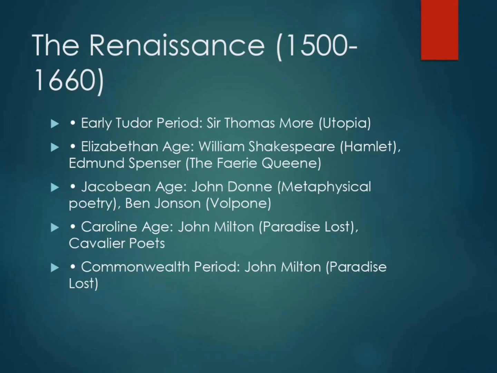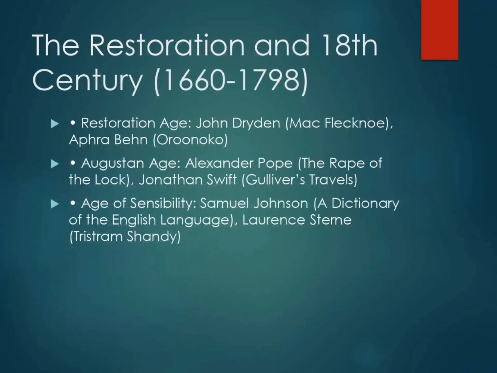After that, we'll be learning about the Restoration period, which is known as the 18th century period, or we can say it is known as the neoclassical age. The Restoration period started from 1660 and continued till 1798. The Restoration period was divided into three kinds of ages. The first one was the Restoration age, where John Dryden and Aphra Behn were the main writers.